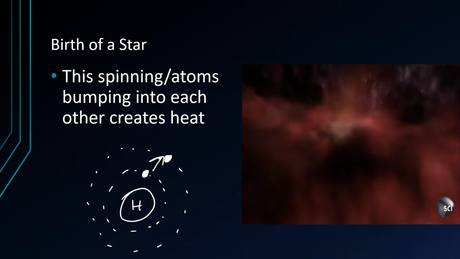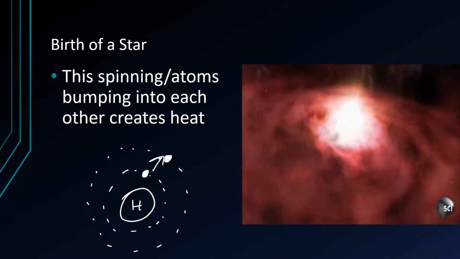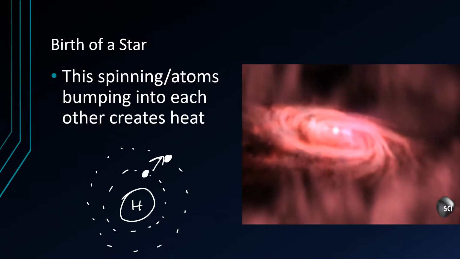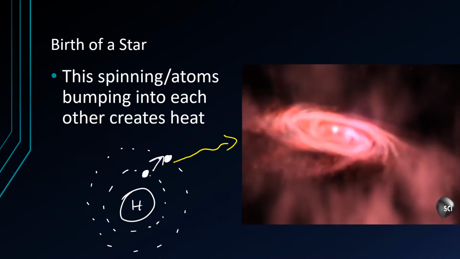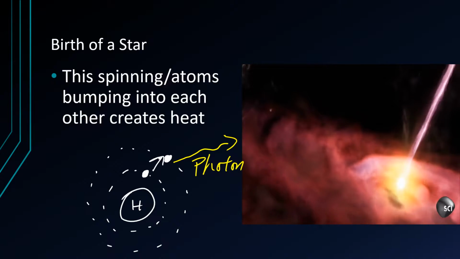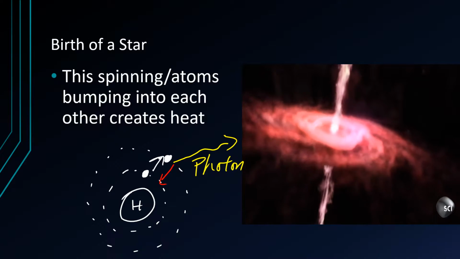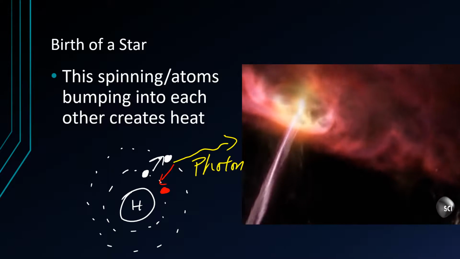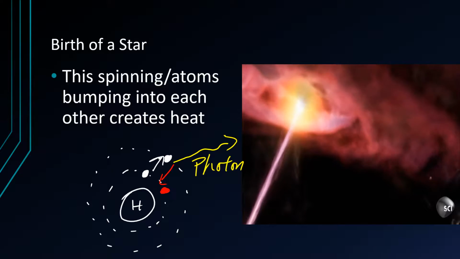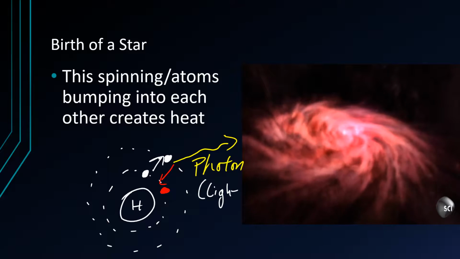Now that's not a stable configuration for this atom. So to go back, it's going to radiate that energy out in the form of a photon, causing this electron to fall back down to its normal energy level. So that photon is a light particle.